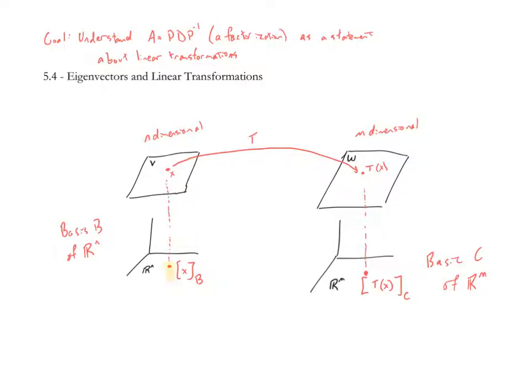I'm dropping down into Rn, the coordinate vector of x relative to basis B, and then we would have a coordinate vector of T of x relative to basis C. What we want is a connection between these two coordinate vectors. That's what we're trying to establish.